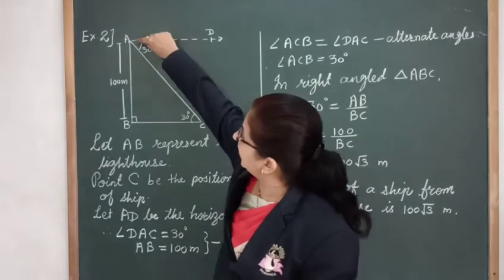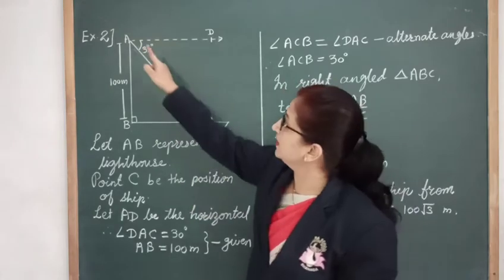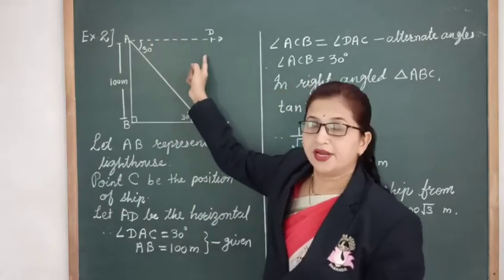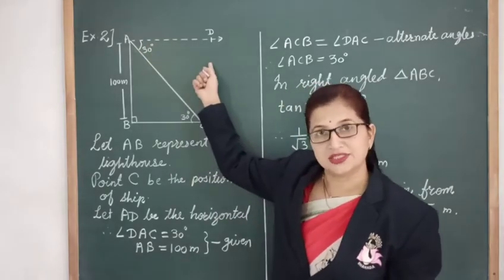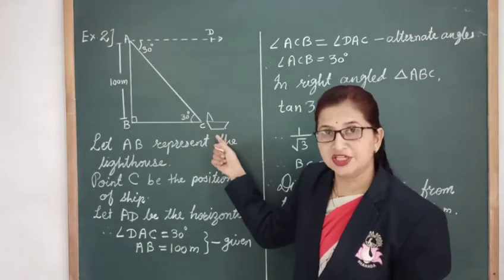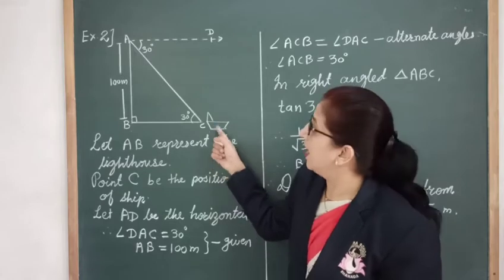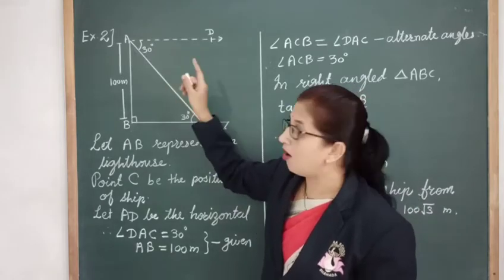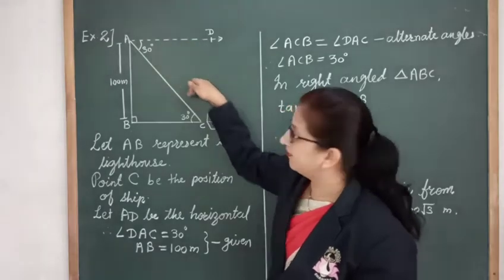Okay. Now the observer is here at the point A. Okay. So from the observer's eyes, the straight line is the horizontal line. Okay. And the observer is looking at the ship which is downside. Okay. So angle of elevation and angle of depression, both are formed with the horizontal line and the line of vision.